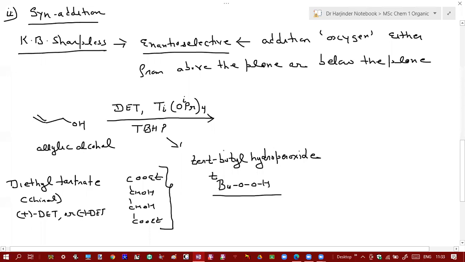So Sharpless epoxidation is carried out in the presence of diethyl tartrate, either plus or minus, titanium tetraisopropoxide, and tertiary butyl hydroperoxide. Are the reagents clear?